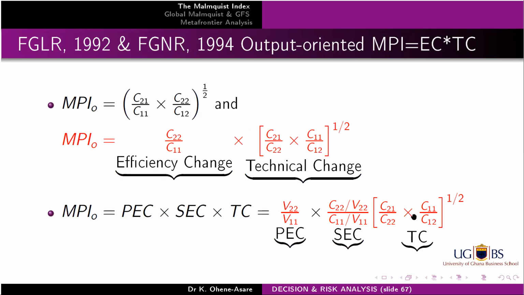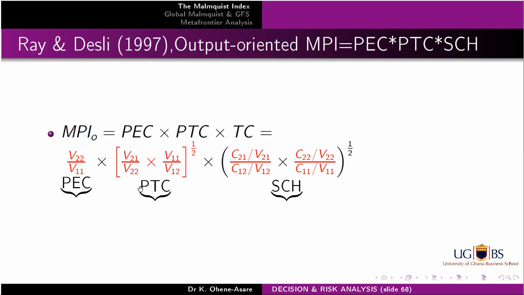But if you look at this definition, there was a constant returns to scale section here, and there was a variable returns to scale section here. But if you look at the Ray decomposition, those ones were all V. The only thing was the scale. It was only the scale that had V and C all attached to it.